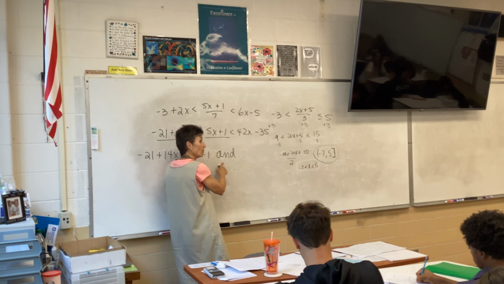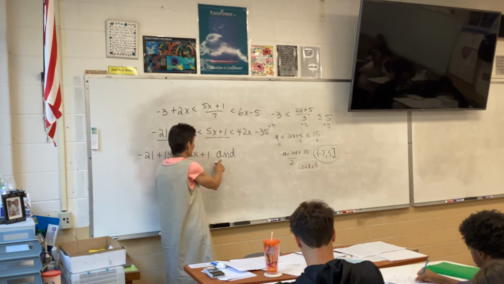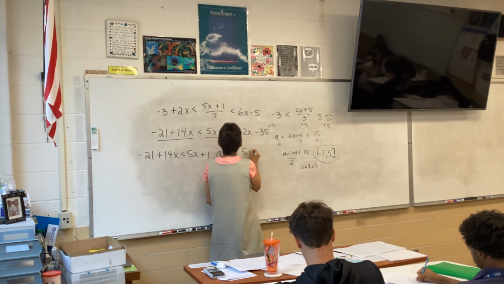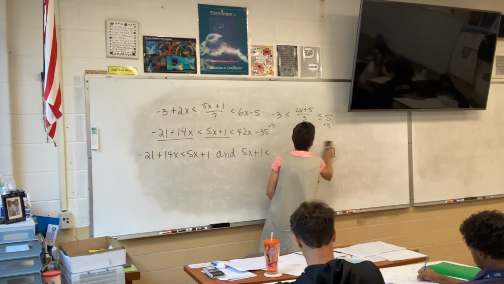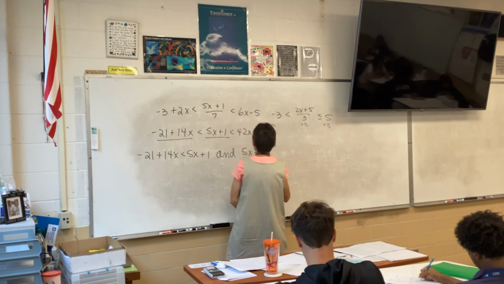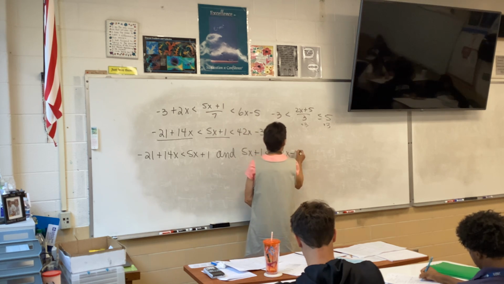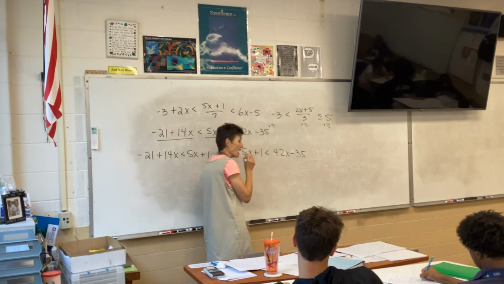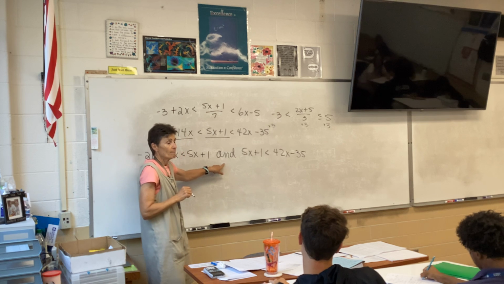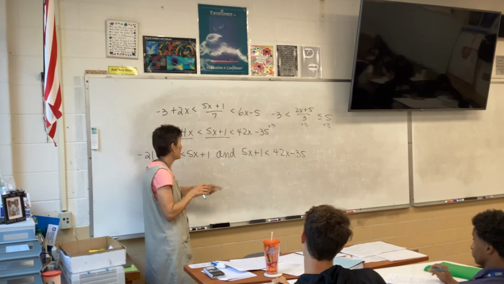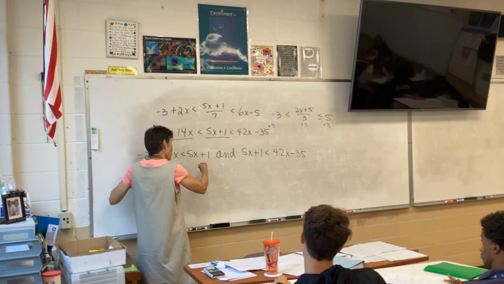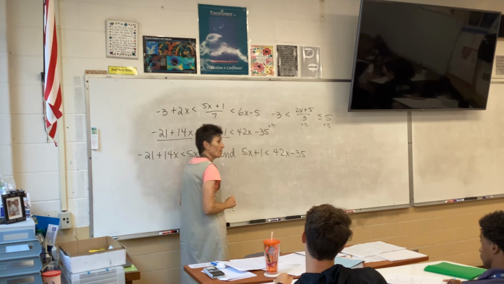And that's a very important word, and the other inequality is this. Now that word is important because "and" means that whatever answer you come up with has to be true for this one and this one both.